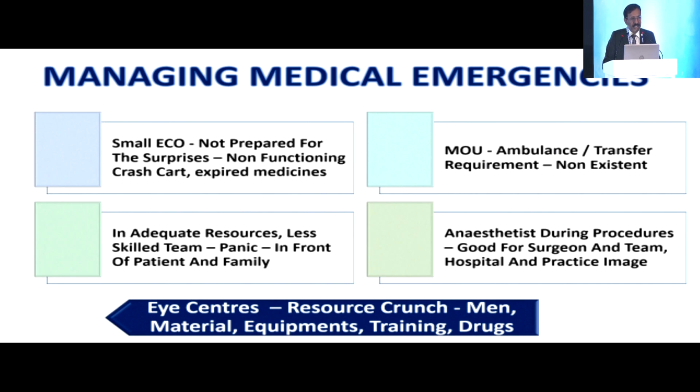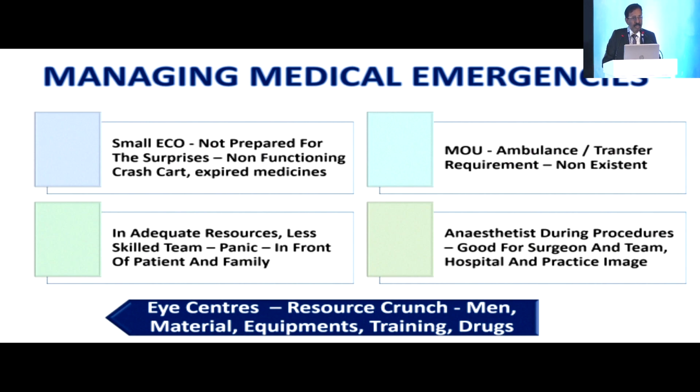Many of us run small eye centers, and this is my assessment of over 150 eye hospitals. We feel that the centers are not well prepared for the risk, particularly the medical risk. If there is a crash cart, it is non-functioning, there might be a few expired medicines, and there is no MOU with an ambulance, so there is no transfer mechanism for the patients.